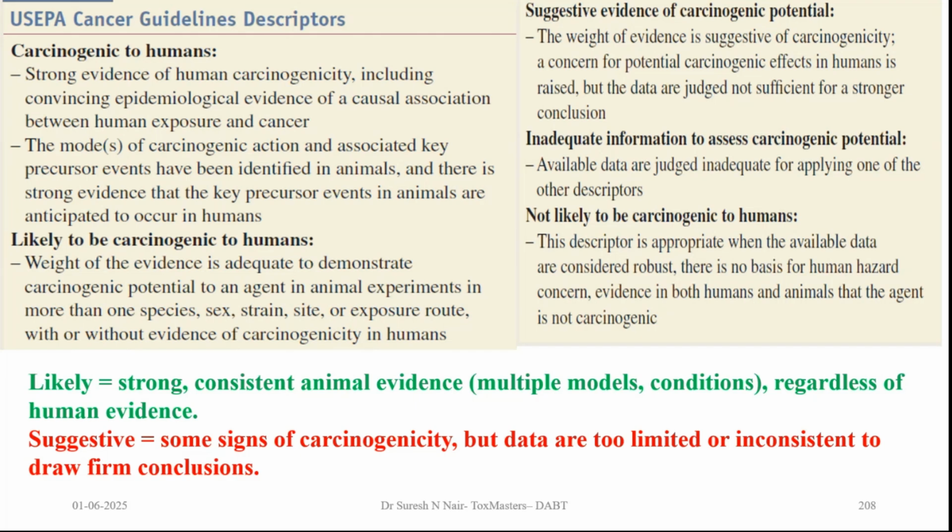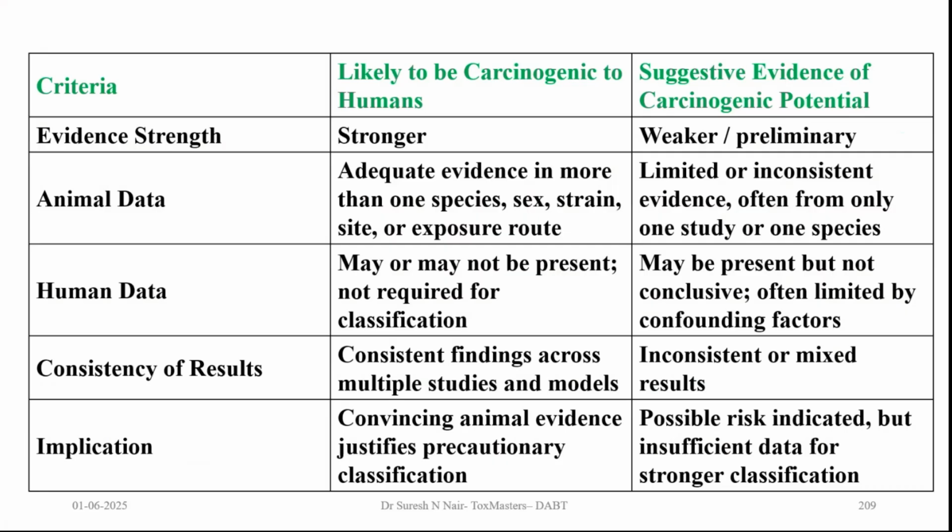So that is the difference between 2A and 2B. That is why I specifically gave it with likely and suggestive. This is how it is represented in the table: the first one is 2A, and this is 2B. These are the tabular representation of the difference between the two.